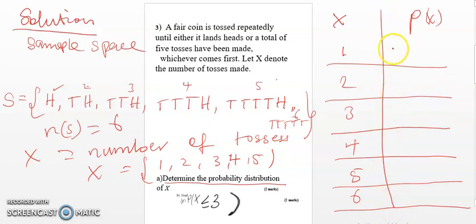When it is 1, it will be 1 over 6, because we know the sample space is 6. So all of these will be 1 over 6.